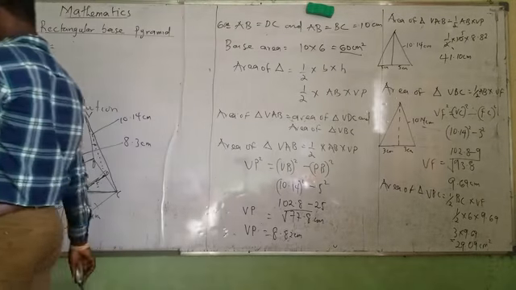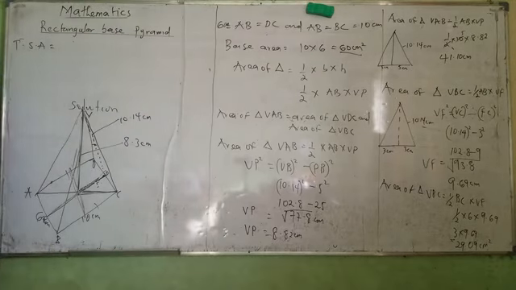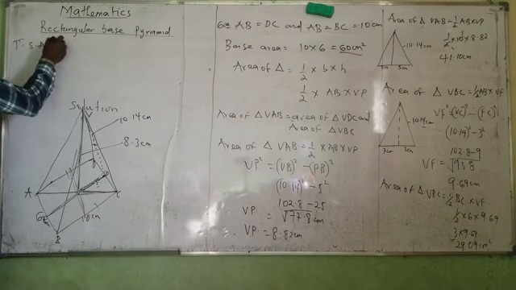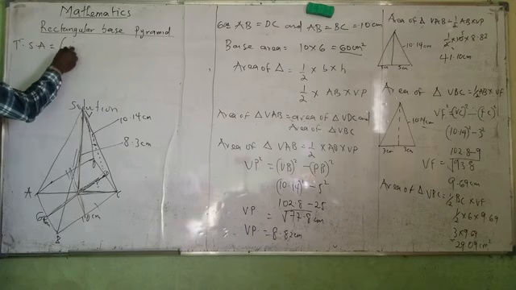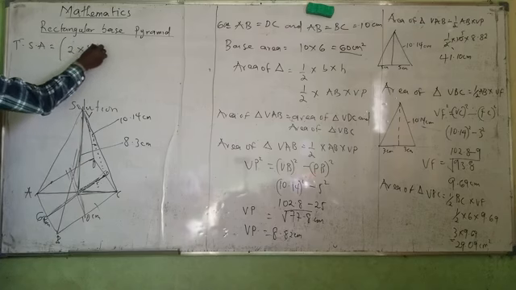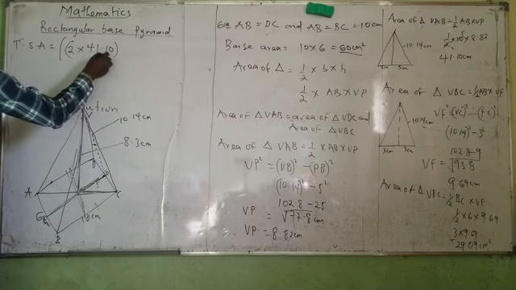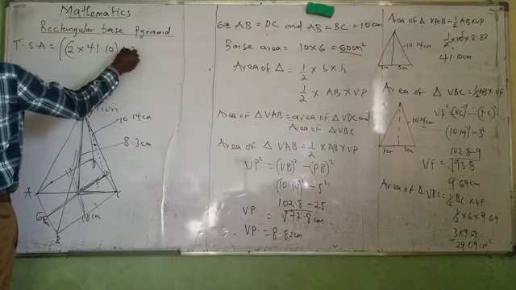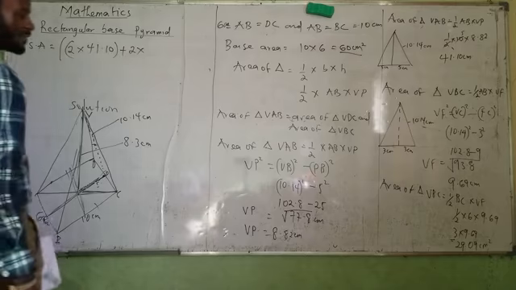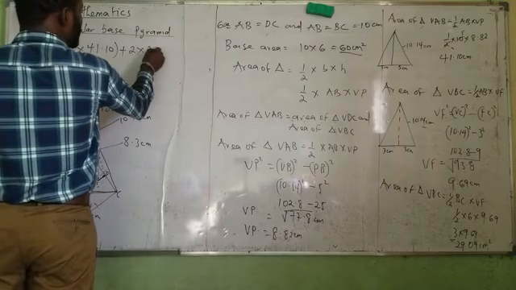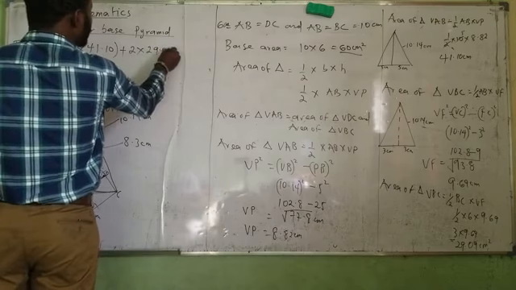Now, total surface area of the pyramid will be equals to, I can open a big bracket of 2 multiplied by 41.10 plus 2 multiplied by 29.09.